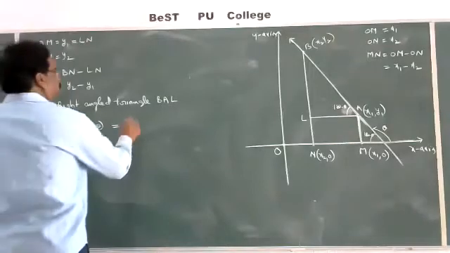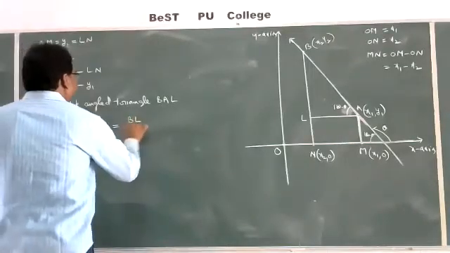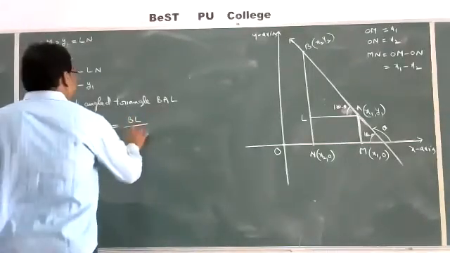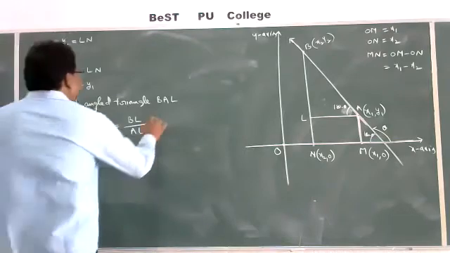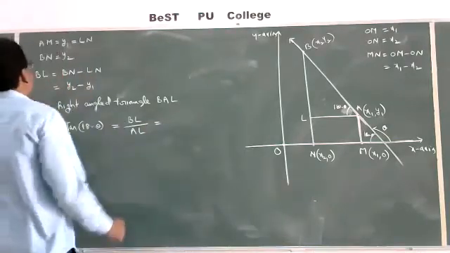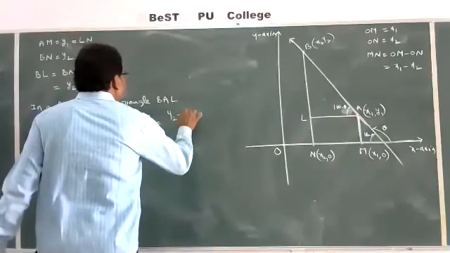That is equal to BL by AL, opposite side by adjacent side. What is the value of BL here? Y2 minus Y1.